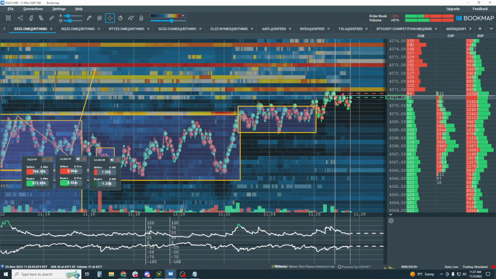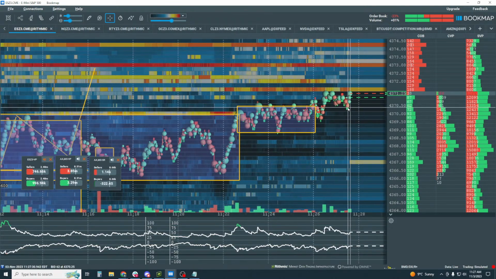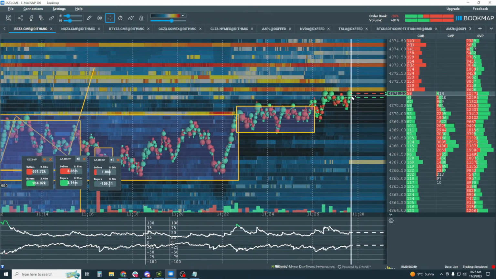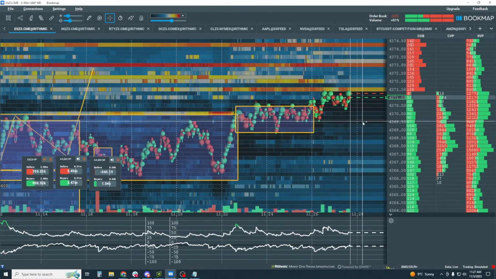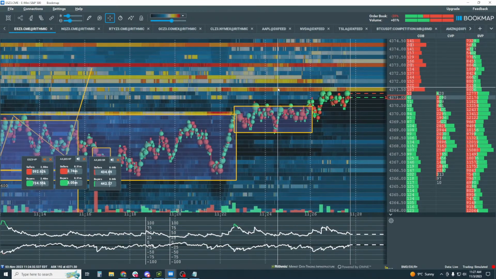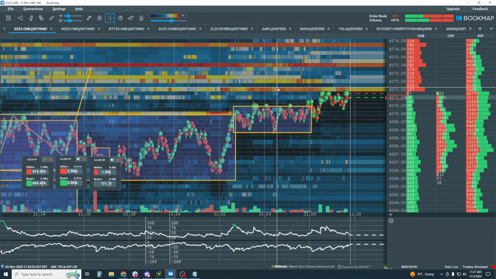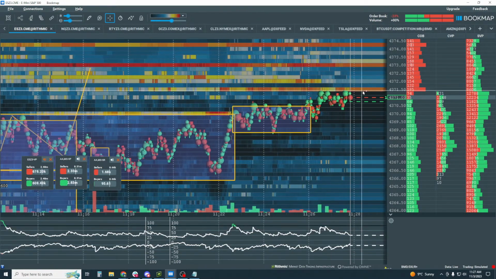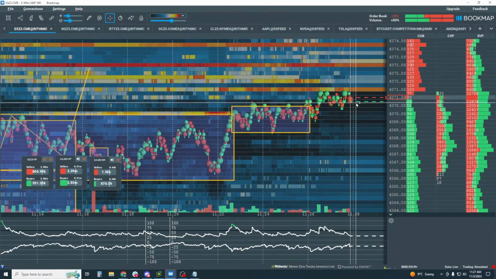Okay, but the entry in here is horrible, right? And still looking for it to work here, but I'm not putting risk on it. Okay, well, they're adding liquidity in here. We're getting a few sellers.